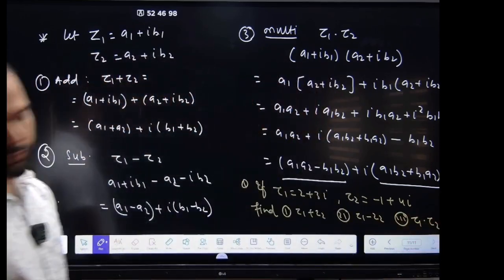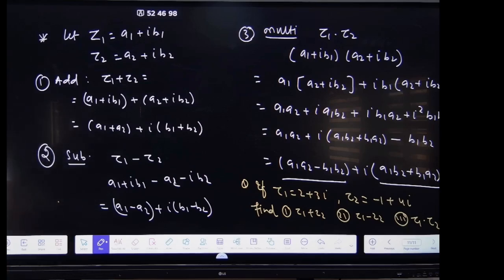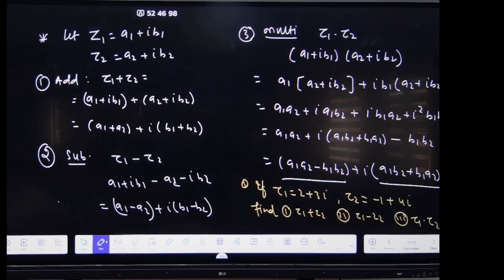Calculate. If Z1 is equal to 2 plus 3 iota and Z2 is equal to minus 1 plus 4 iota, find Z1 plus Z2, Z1 minus Z2, Z1 into Z2. What is the answer?